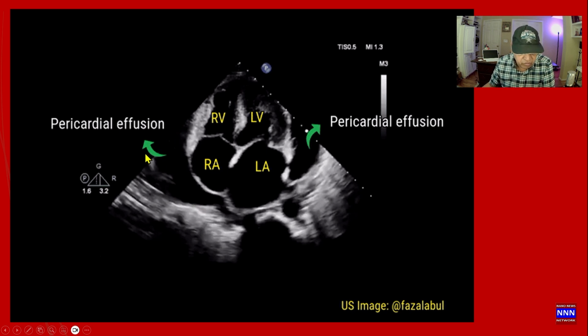And sometimes we see the pleural effusion also behind the right atrium, and we'll come to some of those images in a second, but they are not going to be associated with large pericardial effusion. There are other ways to differentiate the right pleural effusion.